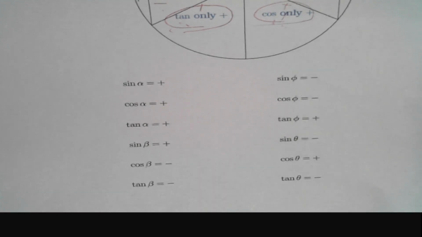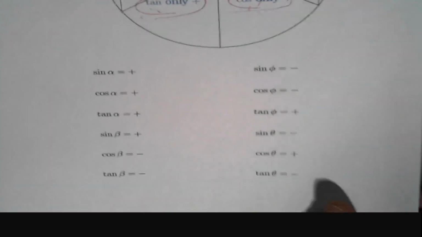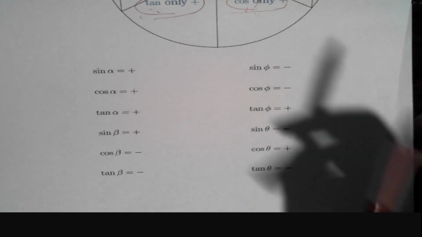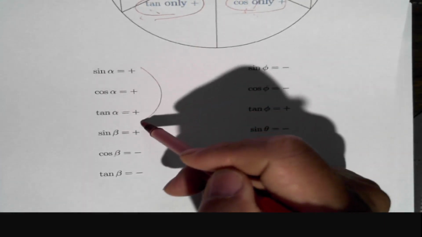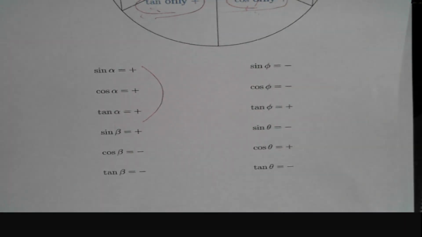The first quadrant angle is alpha. The second quadrant angle is beta. You see here, alpha, beta, psi, and theta. This is just a summary of values. So in the first quadrant, the angle values are alpha, all of them positive.